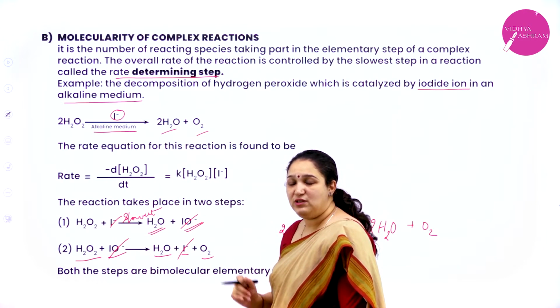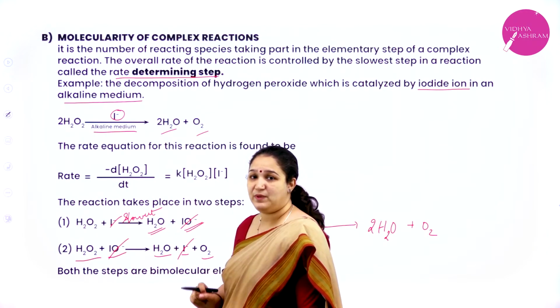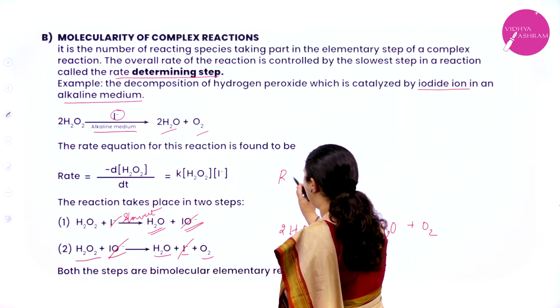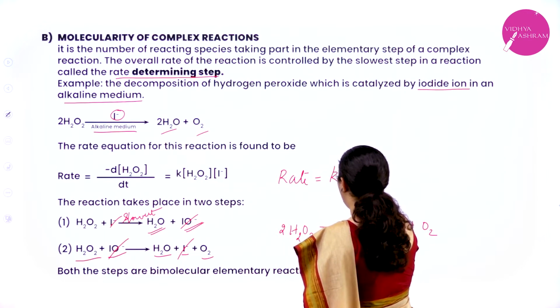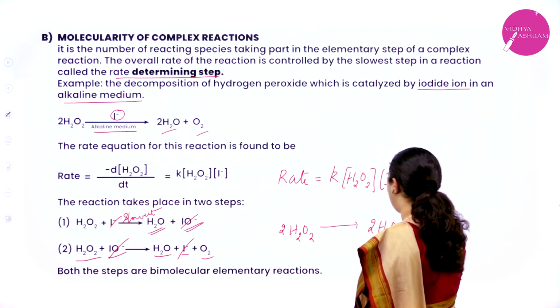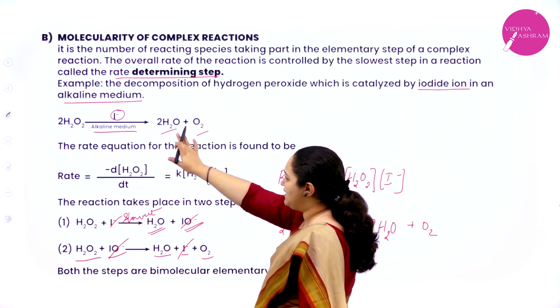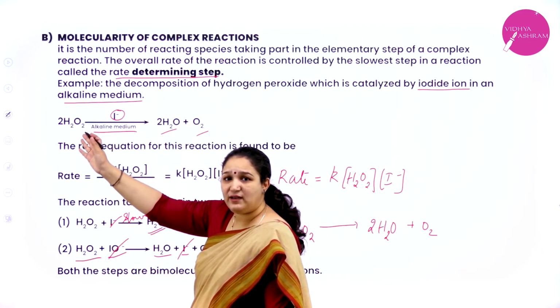So rate expression is always written based on the slowest step. So if I write the rate expression for this, I'll get rate is equal to K times the molar concentration of H2O2 and I minus. See, otherwise, if I just look into the complex reaction and try to write the rate, I don't even know that I minus is reacting, isn't it?